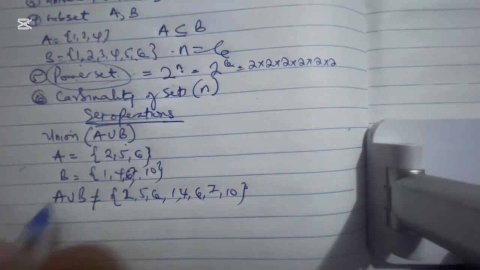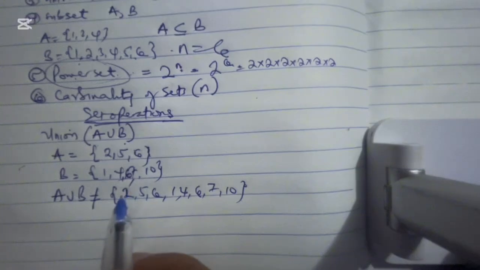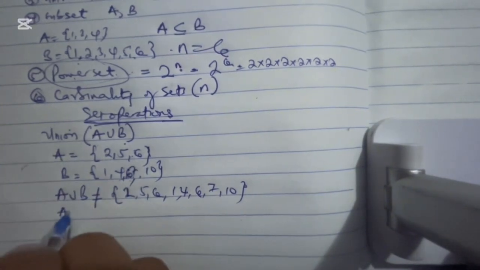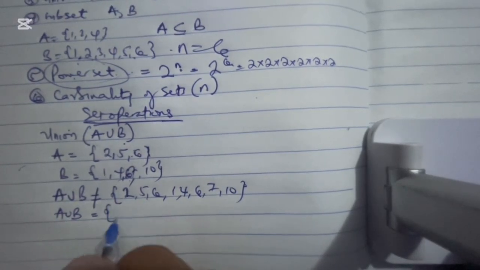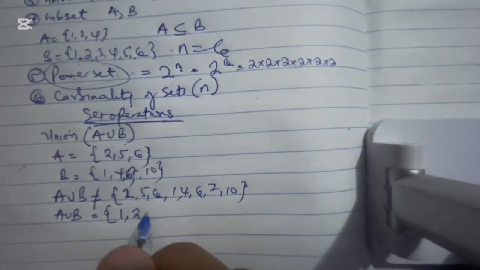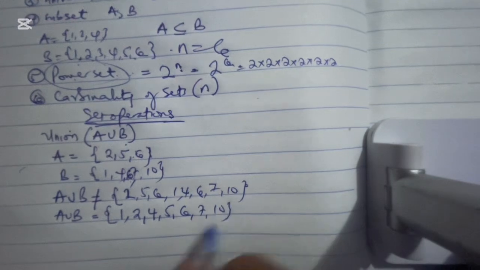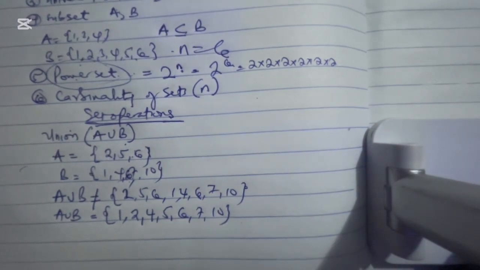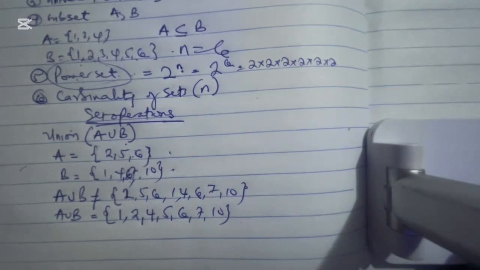That's not what we mean. We mean that you combine the elements in the two sets without repeating. So A union B should be, and most times it's best to start from the increasing order, from smallest to biggest, 1 2 4 5 6 7 and 10. This is the union of set A and set B.